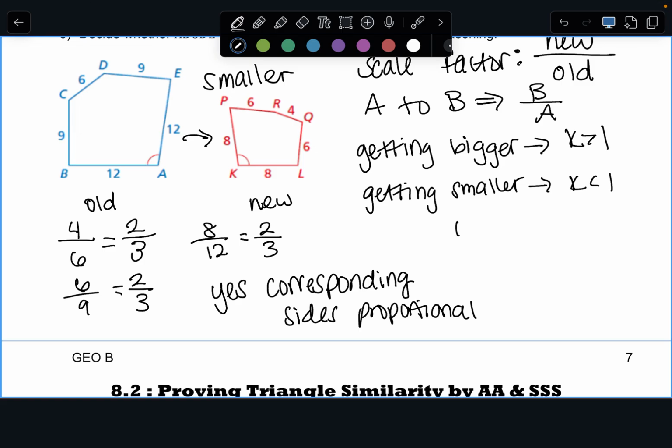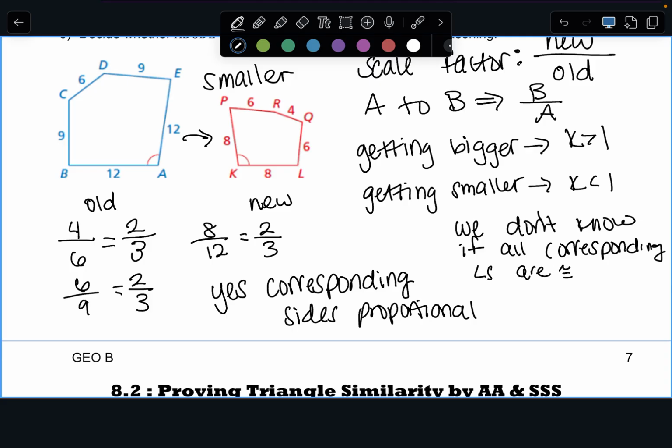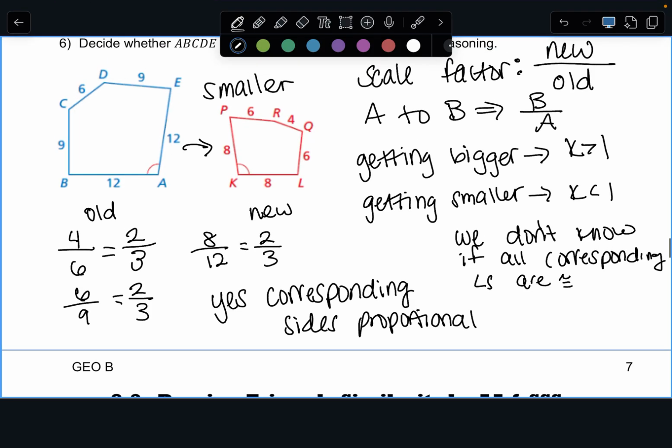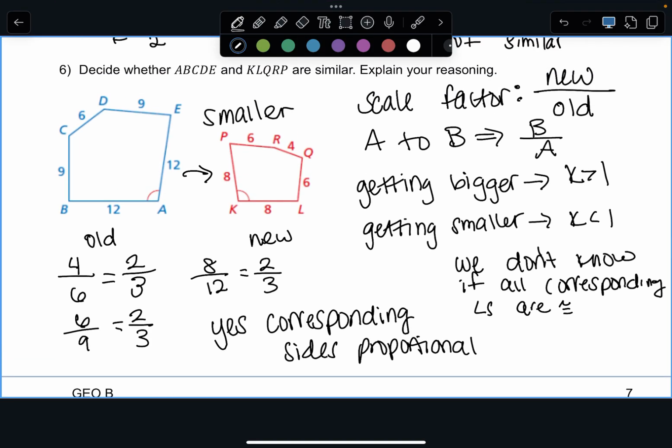So we don't know if all corresponding angles are congruent. That's the piece that we're missing. We checked off the sides with our scale factor 2/3, but we don't know if our angles are congruent, so we're not sure. So this one we don't know if they're similar. The main thing that I wanted to talk about though was the new over old. Questions on anything from today?